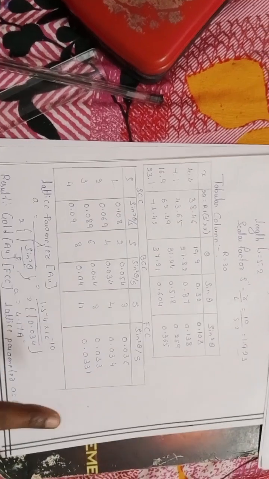For FCC, this we have to remember: 3, 4, 8, 11, and the same way it goes on. We already found sine square theta, so just divide it by these numbers. This is the entire calculation.